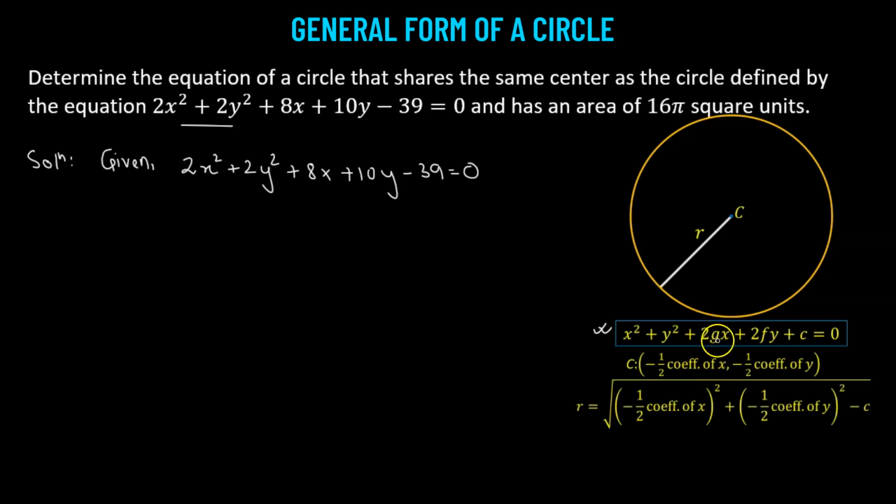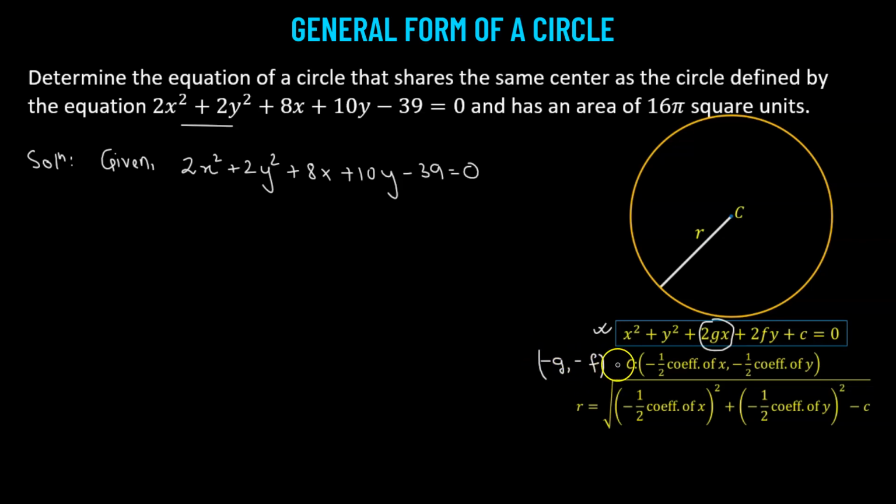In the general form, the coefficient of x is 2g. So half of 2g is going to be negative g, and similarly the y coordinate is negative half times the coefficient of y, that is negative half times 2f, which gives negative f. That means the center is negative g comma negative f.